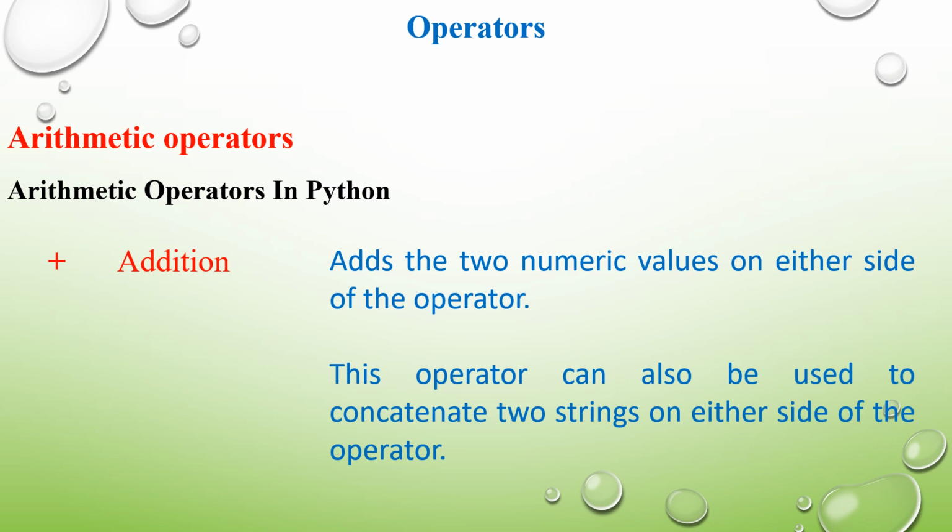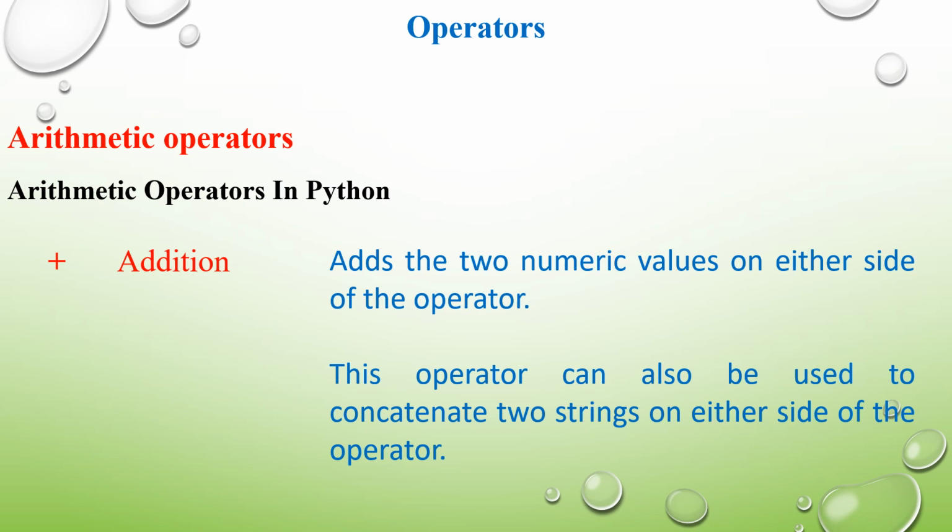The first arithmetic operator, plus, is used for addition. That means it adds the two numeric values on either side of the operator. The operator can also be used to concatenate two strings on either side of the operator.